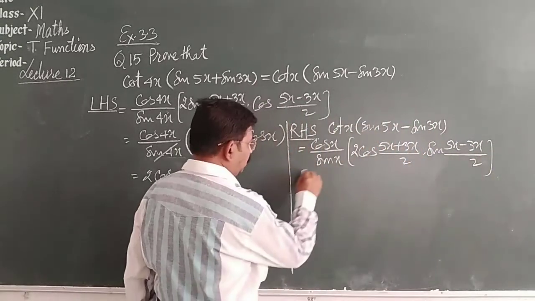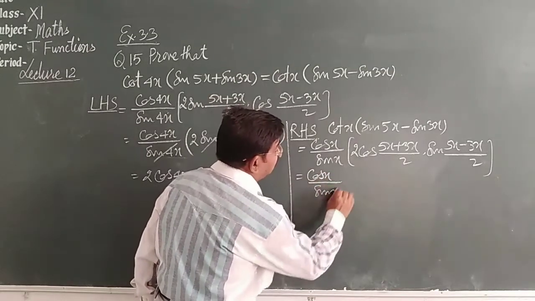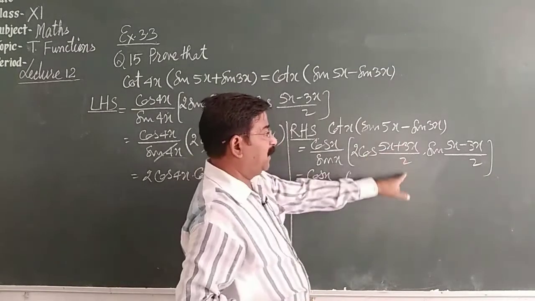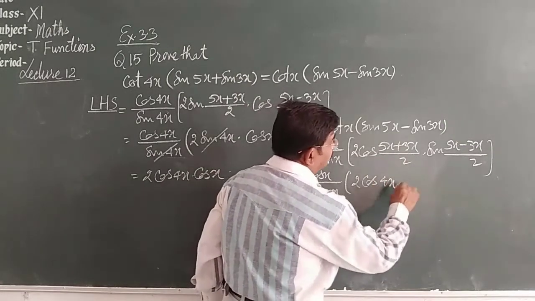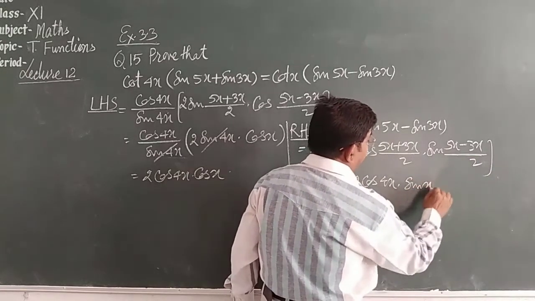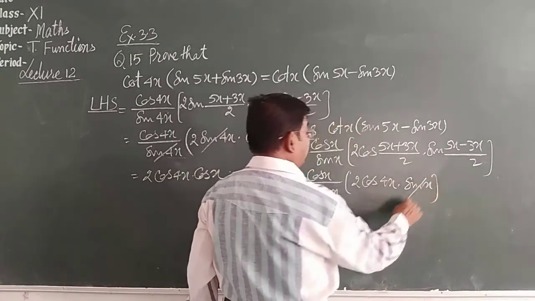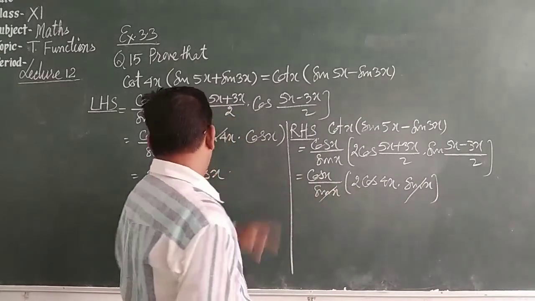See, here we have cos x upon sin x. See, (5 plus 3)/2 is 4x. So we have 2 cos 4x, and (5 minus 3)/2 is x, so cos x, sin x. By LCM this sin x will go. What we have? 2 ones are 2 and cos 4x cos x.